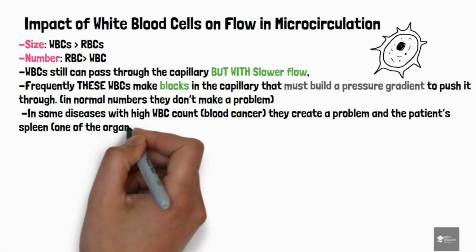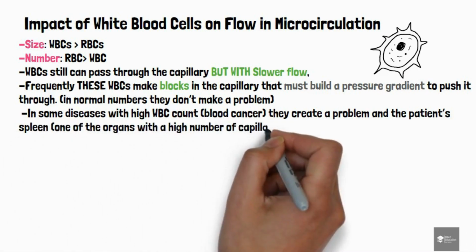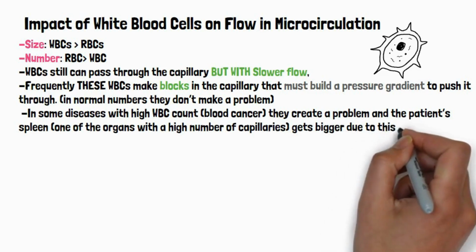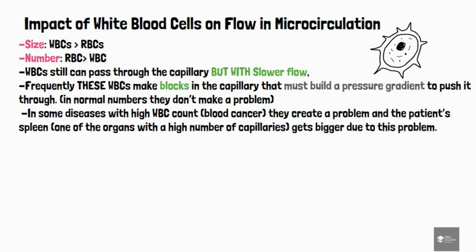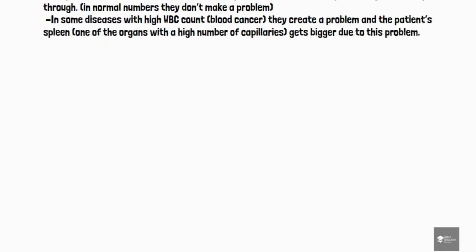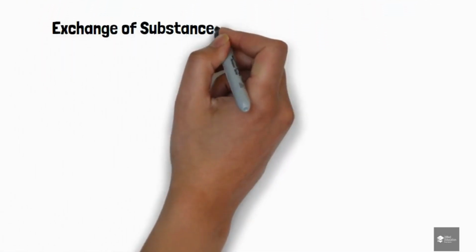With a normal number of white blood cells, they don't make any problem. However, in some diseases where the white blood cell count goes up, for example blood cancers, they create a problem, and that patient's spleen, one of the organs with a high number of capillaries, gets bigger than normal.